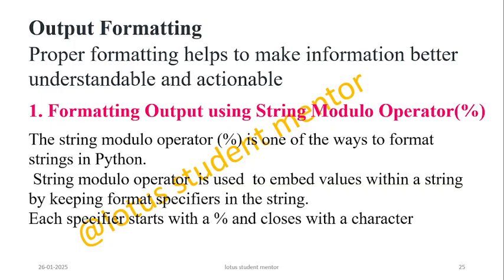In the print function, the string modulo operator is used for embedding values within a string by keeping format specifiers in the string. How do we specify it? By using the modulo operator, that is, the percentage symbol. We use it and close it with a character.